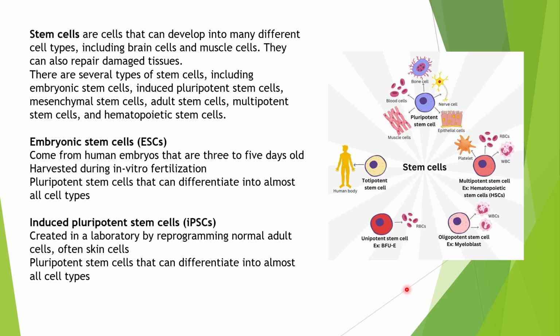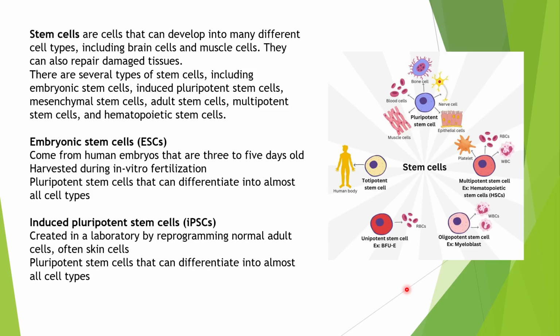Stem cells are cells that can develop into many different cell types, including brain cells and muscle cells. They can also repair damaged tissues. So, stem cells have the capacity to differentiate into different cell types, even the major vital organ cells, like your brain cells, heart cells, muscle cells, any type of cells, and they can also repair a damaged tissue or injured organ.